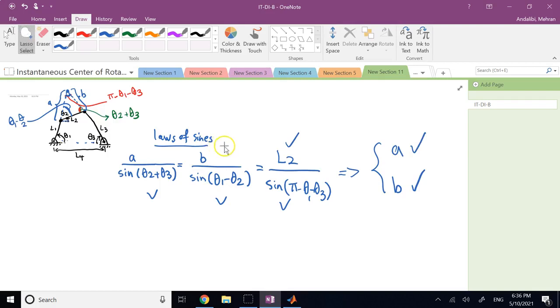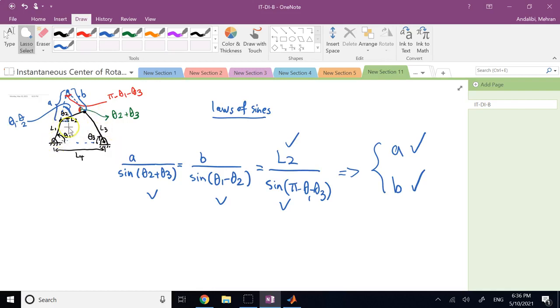Okay, so that's the way to go about it in case this member, middle member, is not horizontal, and it happens most of the time, of course. It's very exceptional that this member is horizontal at the moment you're talking about. Even if at this moment is horizontal, at the next time point it is going to move and not be horizontal.